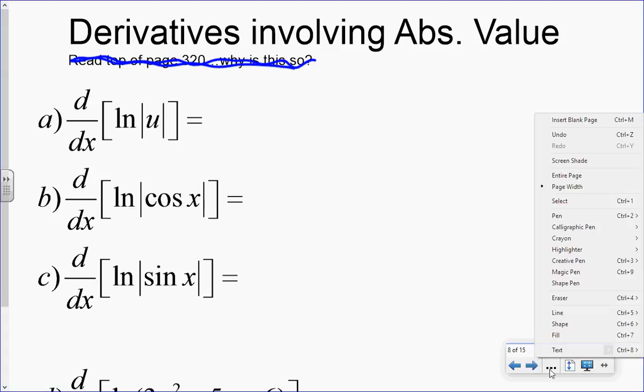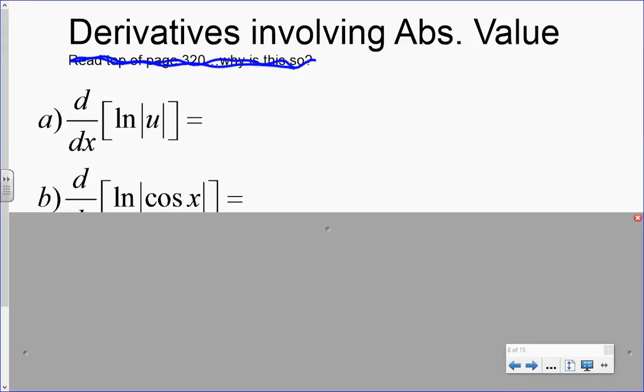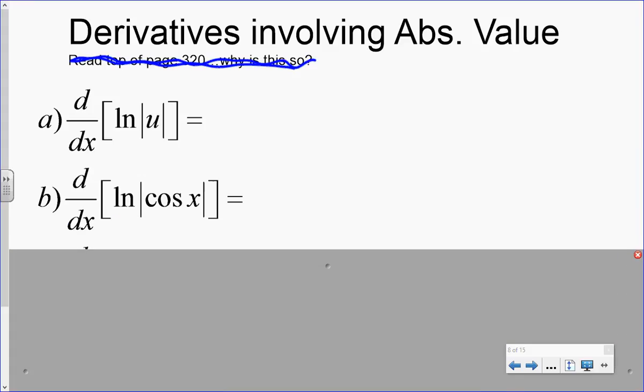So go ahead and write down letter B here. We're going to take the derivative of the natural log of the absolute value of cosine. Okay.